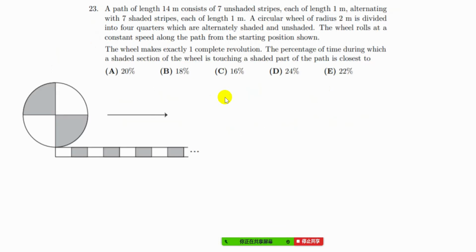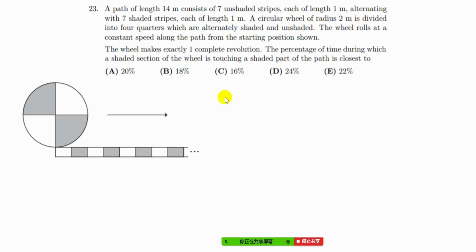Number 23. A path of length 14 meters consists of 7 unshaded stripes, each of length 1 meter, alternating with 7 shaded stripes, each of length 1 meter. A circular wheel of radius 2 meters is divided into 4 quarters, which are alternately shaded and unshaded. The wheel rolls at a constant speed along the path from the starting position shown.